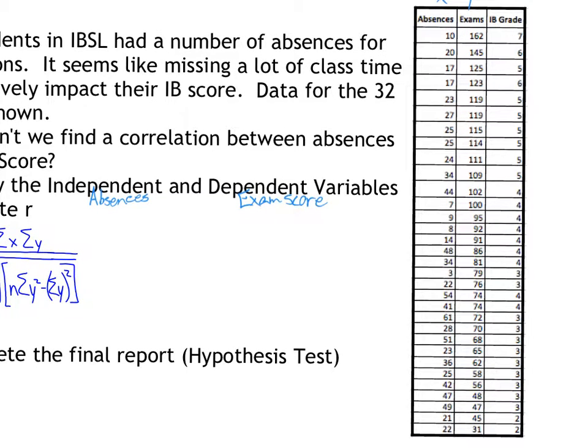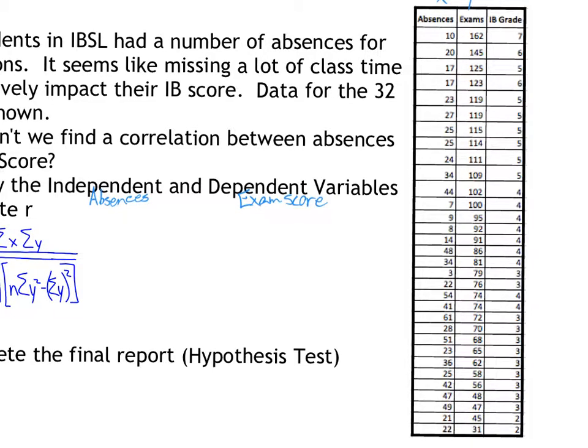The absences, their exam score, which remember your 2 papers of the exam are 90 points apiece. So total it's out of 180, all right? And then the IB grade they got at the end, okay? Now, like I said, they were absences for a number of reasons. Some, like one, played hockey, so they were constantly having to go to tournaments here or there.